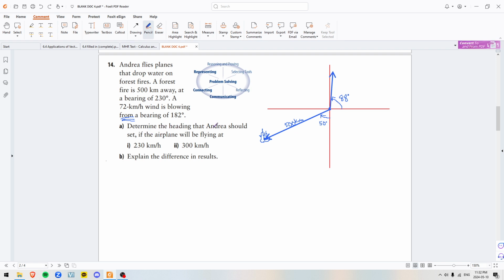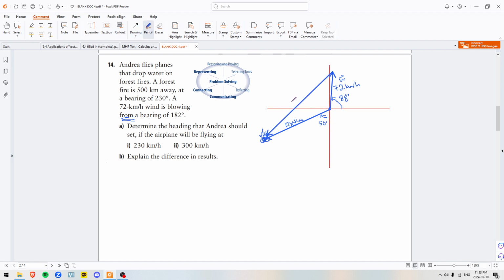Determine the heading that Andrea should set if the airplane will be flying at some kilometers per hour. Okay, so we have a 72 kilometers per hour wind. Let's call that wind. This is where I want to be, and so my plane has to go from head to tail there.